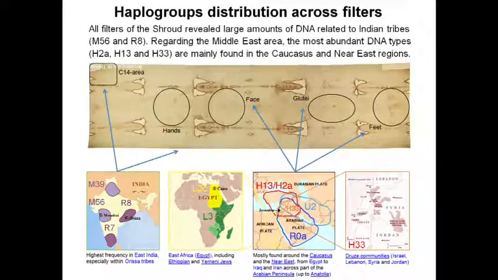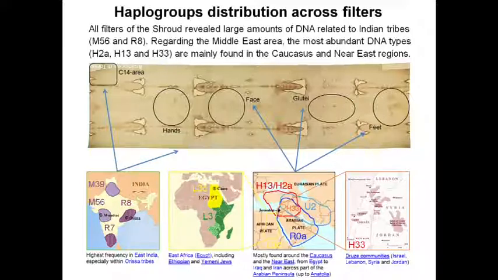So all filters of the Shroud, the lateral edge, the internal parts of the Shroud, revealed a large amount of DNA related to Indian tribes, especially M56 and R8.